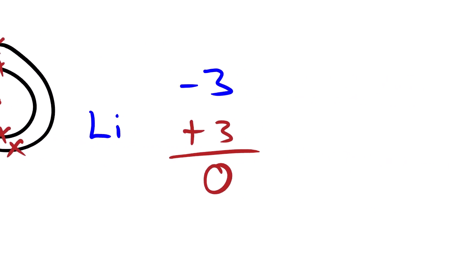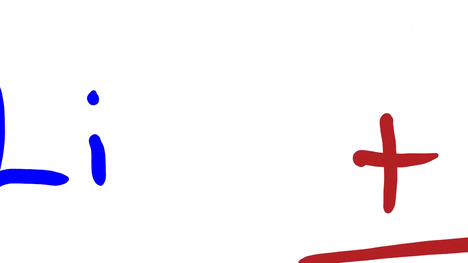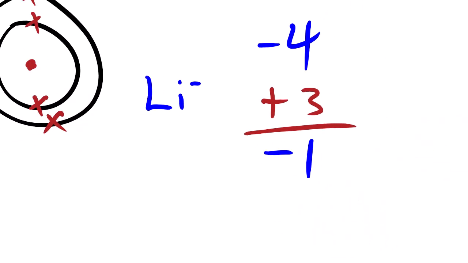This is how you get your 4 here, and you end up having minus 1. So now we know how to get minus 1 and plus 1. If you have minus 1 here, you just write minus 1 here. But since it is just 1, you can erase this one and put lithium minus.